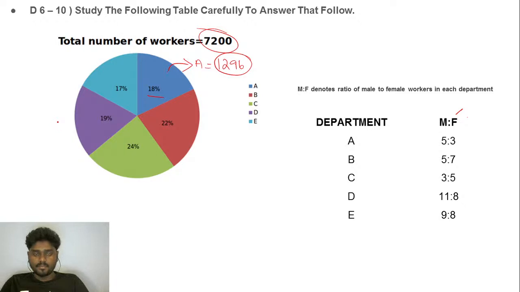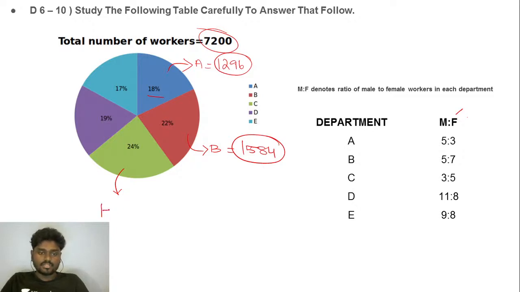And in department B, you have 22% of 7,200, which is going to give you 1,584. In department C, you have 24% of 7,200, which gives you 1,728.